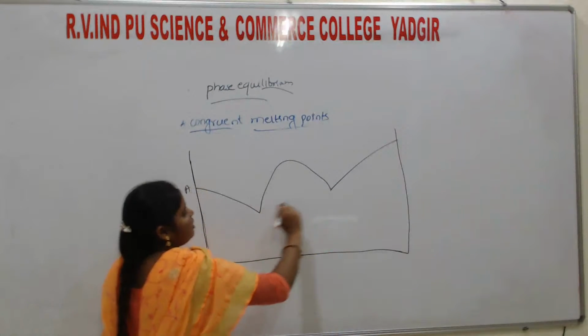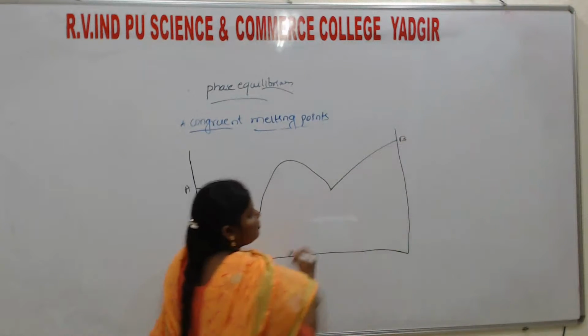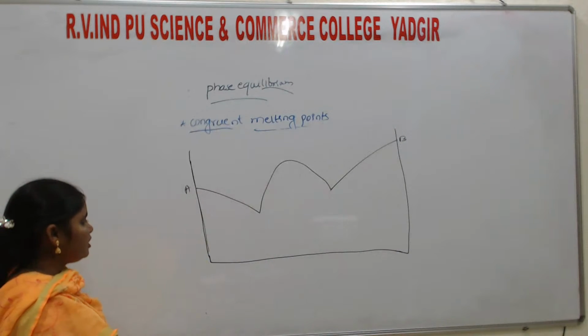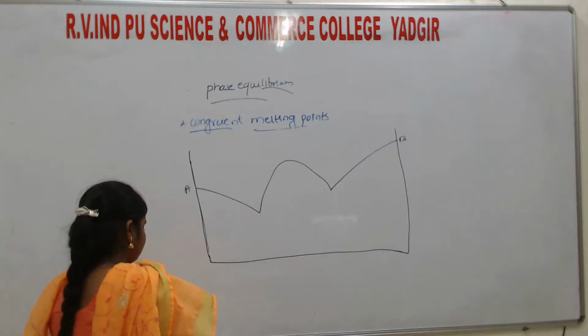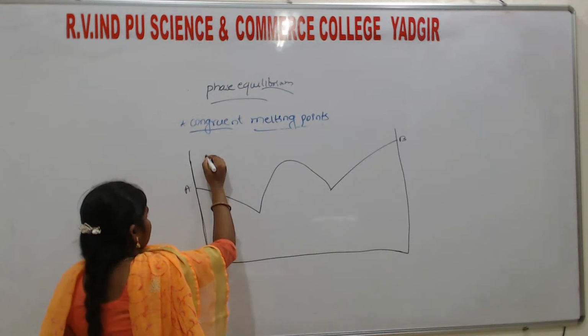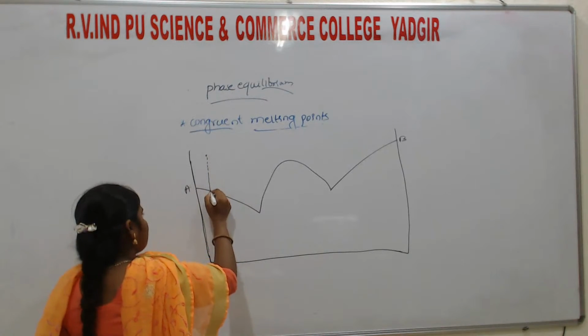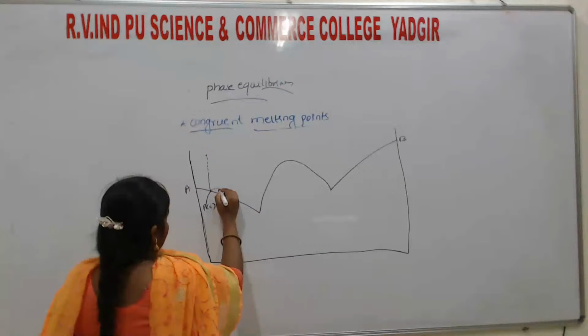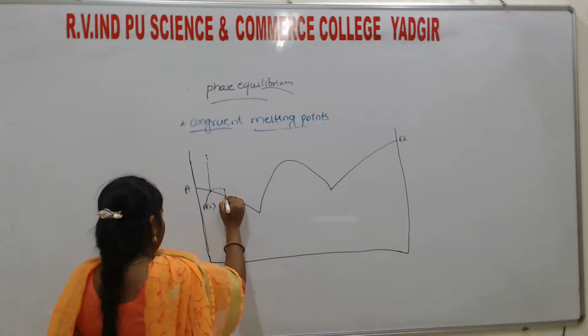This is A and this is B. Here this separates out, A is a solid, and next the composition changes.